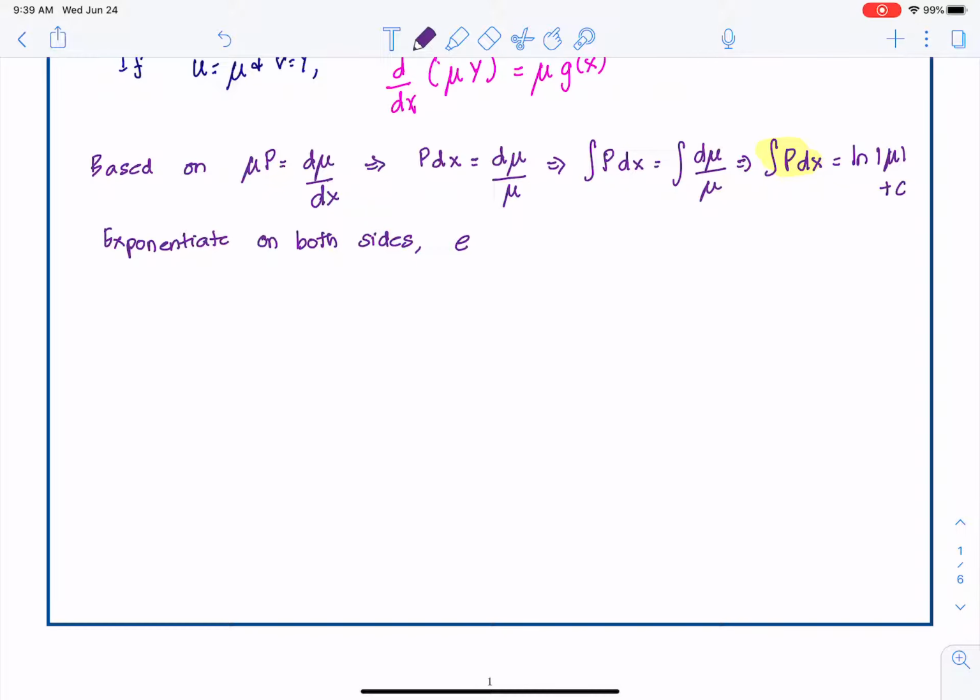So I would have e raised integral p times dx equals e raised ln of mu plus c, which, if I use the rules of exponents, I would have e raised ln of mu times e raised c.